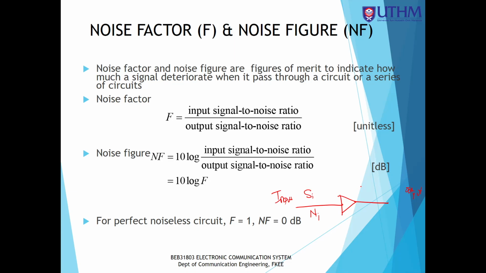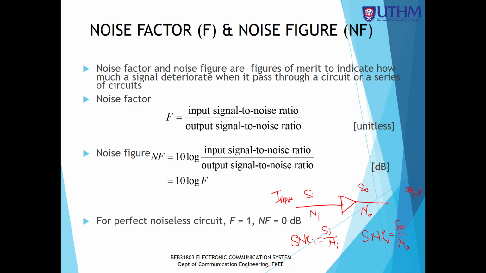At the output side, we have S output and N output. So we have the input SNR, which is equal to Si over Ni, and the output SNR, which is So divided by No.